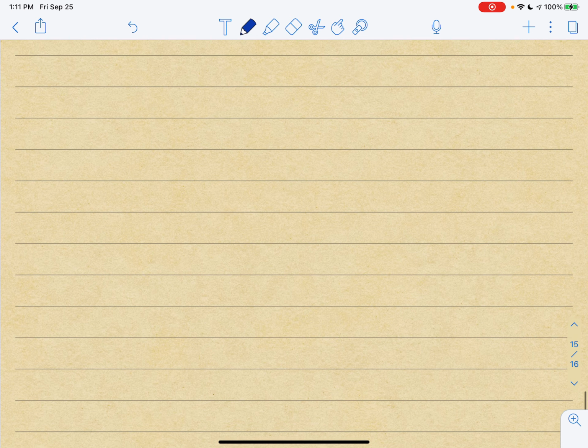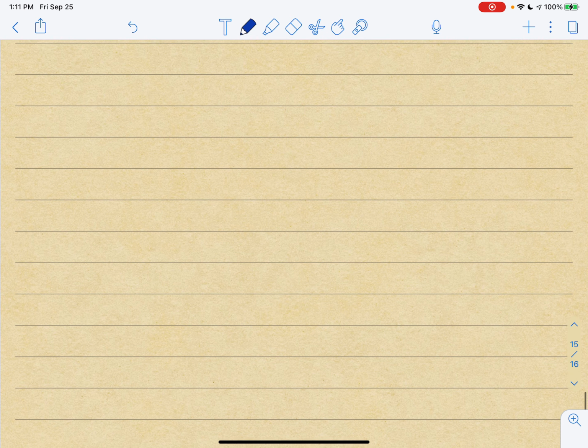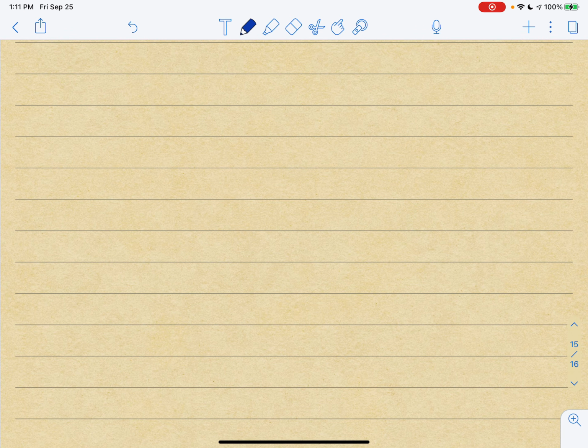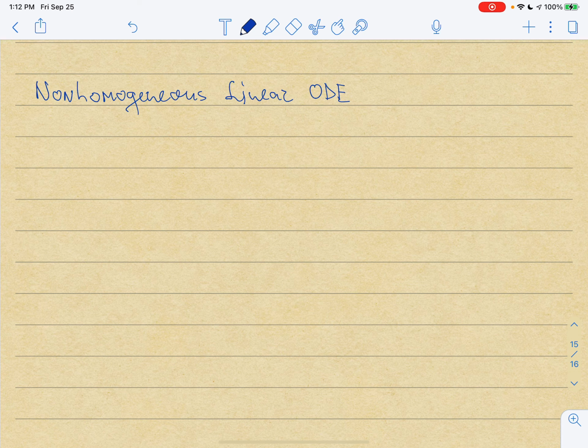Okay, so the last item that I want to cover here is going to be this, and I'm going to illustrate it using second order equations. So we're going to talk about non-homogeneous linear ODEs of higher order.